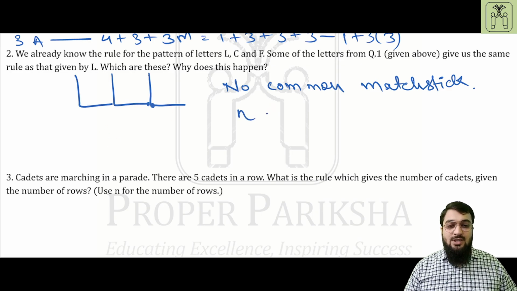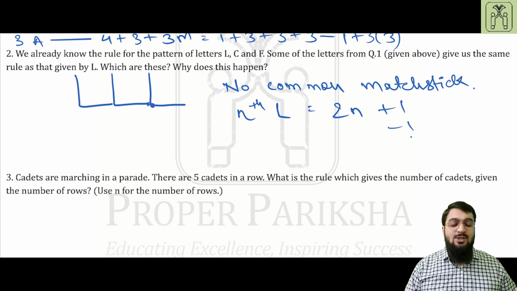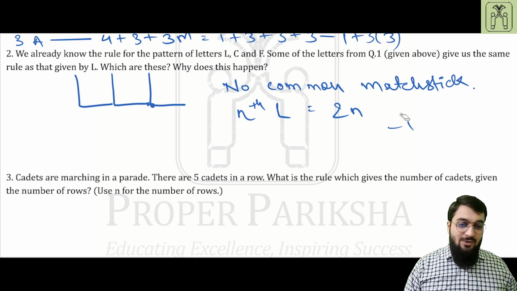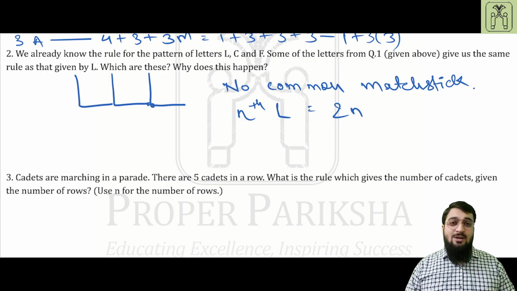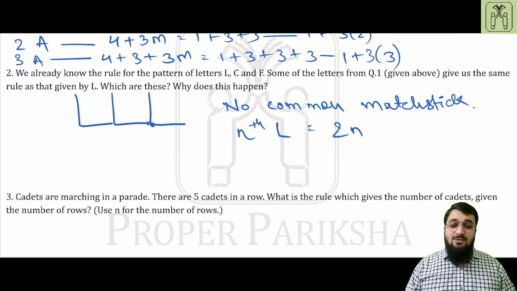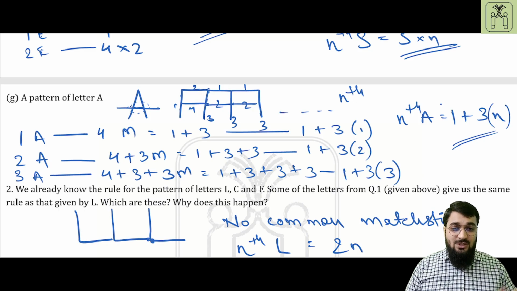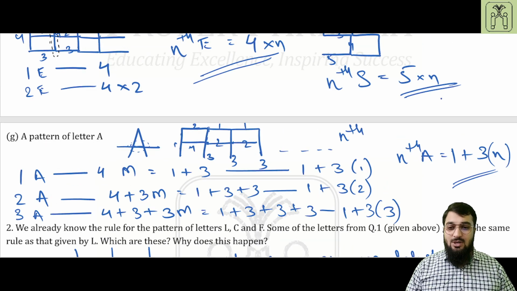and therefore the answers are similar to that of, for example, if we try to say nth L, it will be 2 into n. It will not have any plus 1, minus 1, plus 2, etc. So it will only be 2, the number of matchsticks required for 1 L, multiplied by the position of L in the pattern which we are talking about.